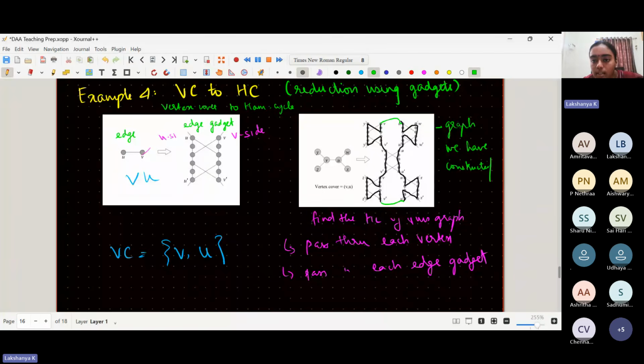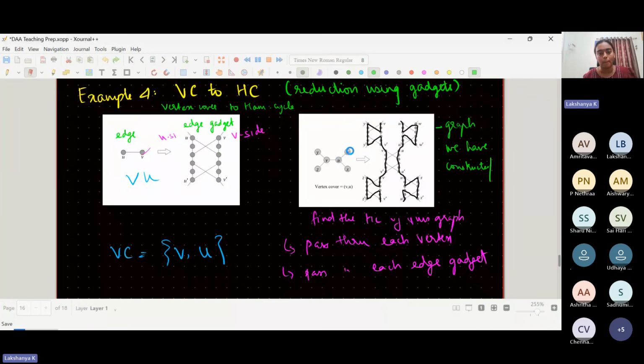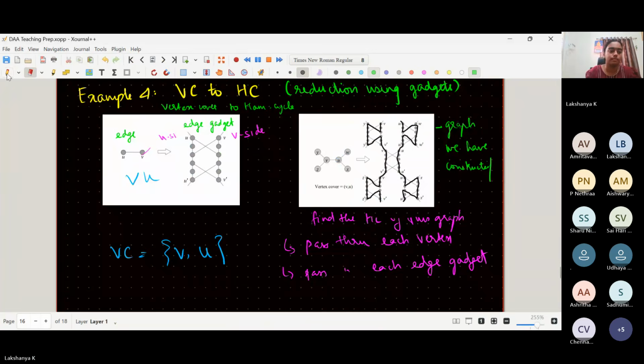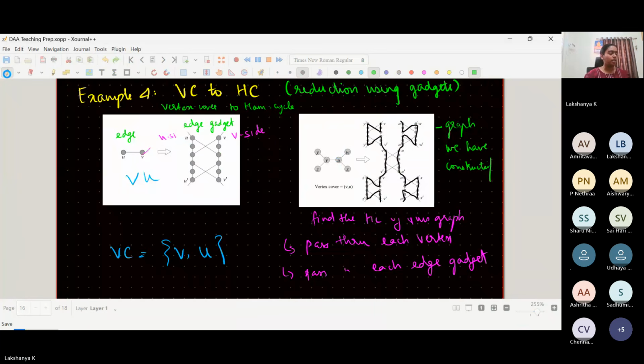Within an edge gadget, the connections that are not there, you cannot make. But across gadgets, for the sake of finding a cycle, you are allowed to make connections. So across two gadgets, we can connect. Within a gadget, it has to look like this. Any other question?